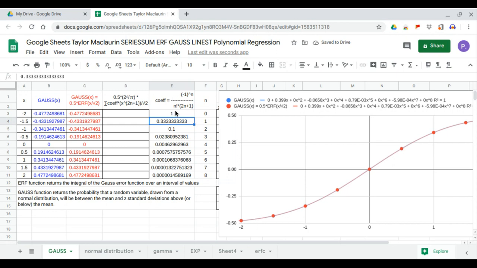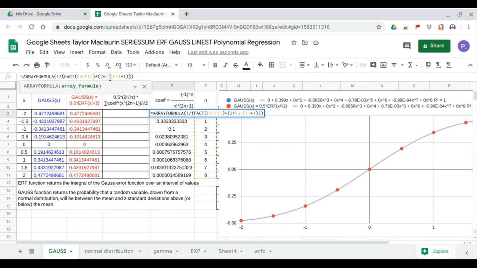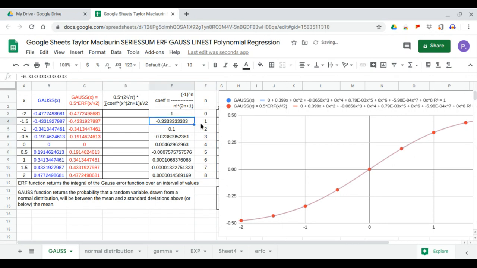Now that we have the denominator, then we can work on the numerator. So it's negative 1 to the power n. Now we have alternating signs of the coefficients.